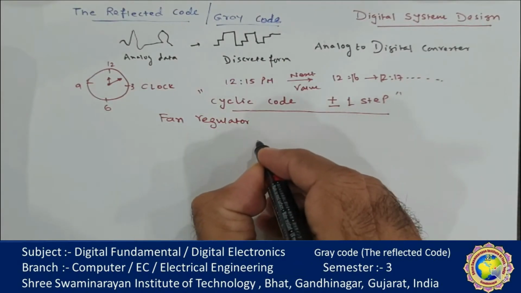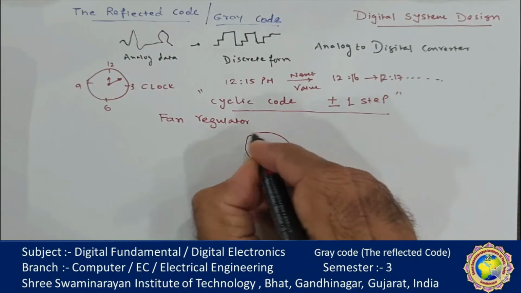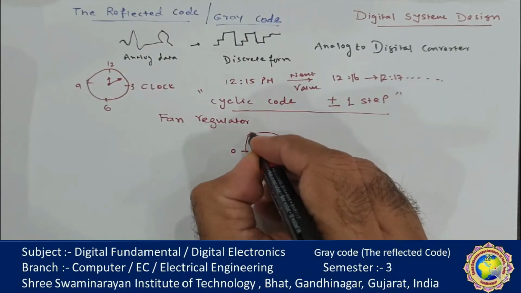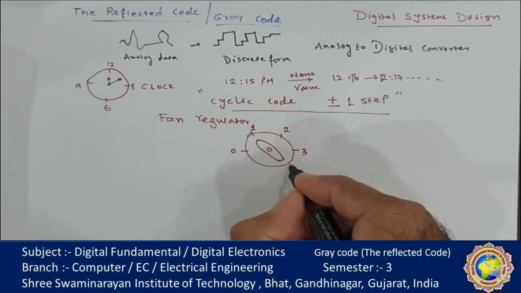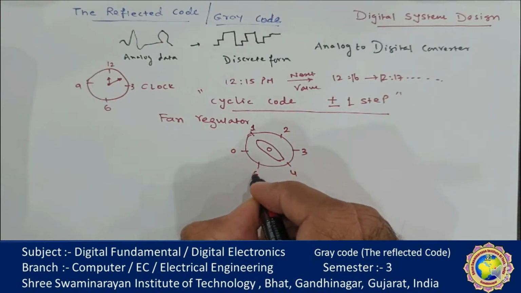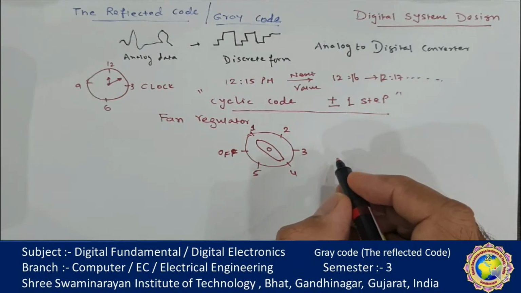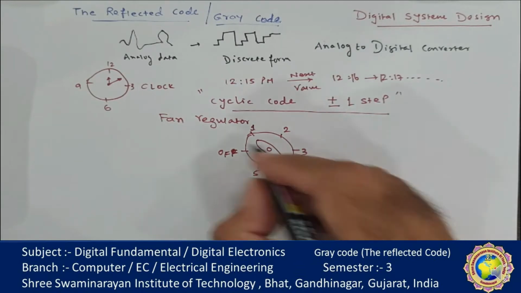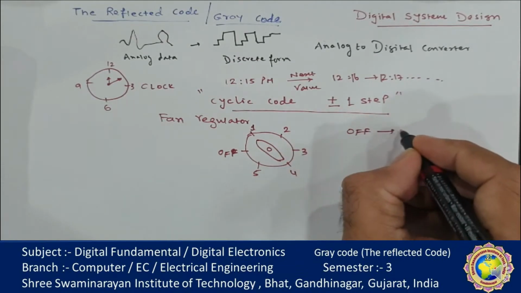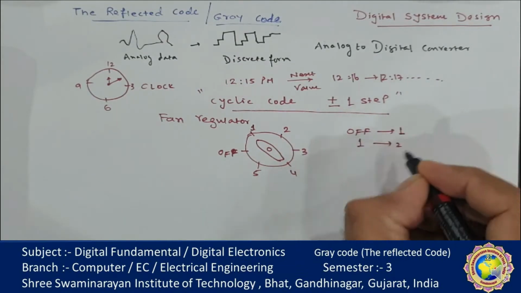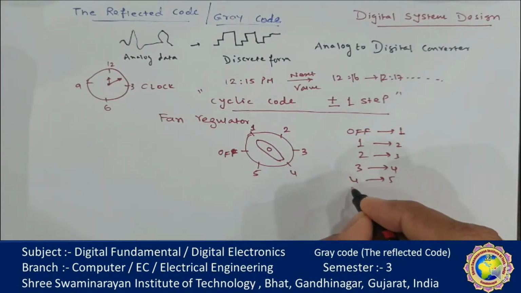Suppose I have a fan regulator switch like this, and there are 5 different speeds, and 0 means off condition. So when I change it, might be off to 1, or 1 to 2, 2 to 3, 3 to 4, 4 to 5, or 5 to off.